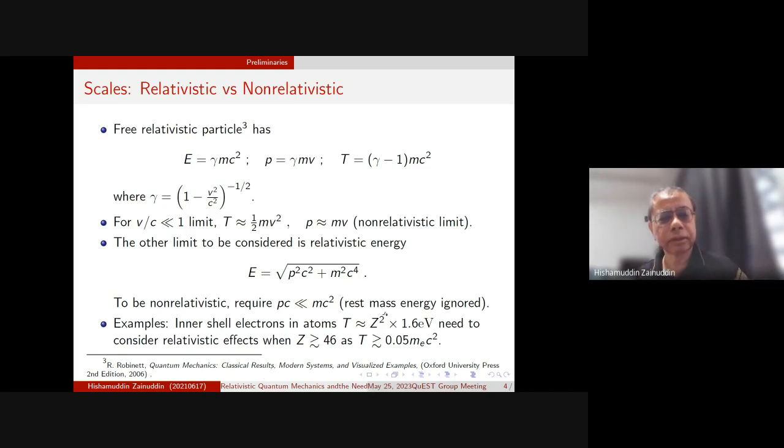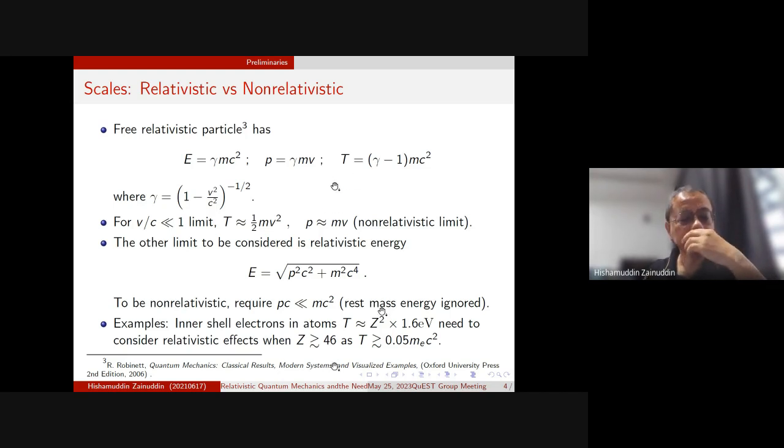I'm not sure whether you have seen it. They actually discuss in the first chapter when you really apply relativistic ideas or non-relativistic ideas, classical ideas as opposed to quantum ideas. So let me just go briefly through these ideas of scales.